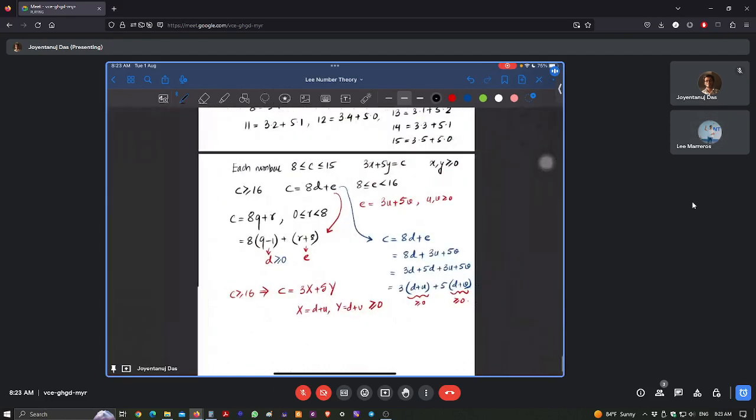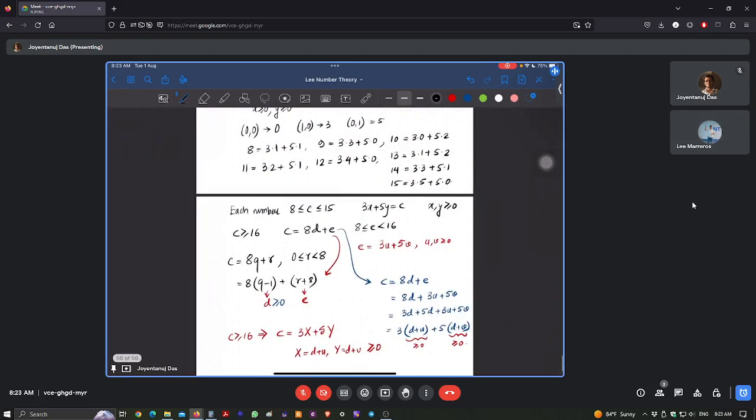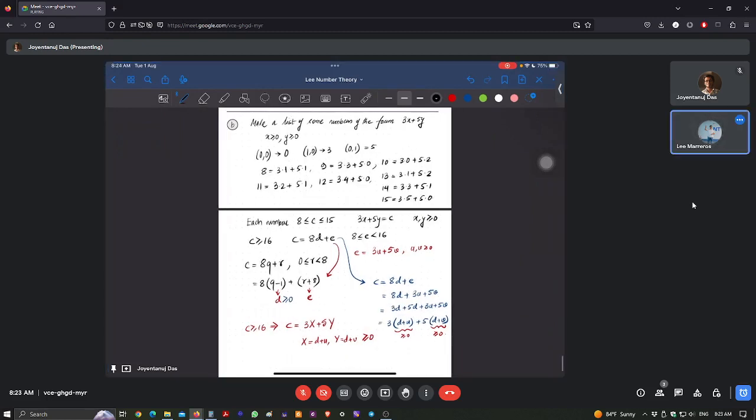So that is the conjecture, and we have proved the conjecture. Any number from 8 onwards, I can give an expression like this.